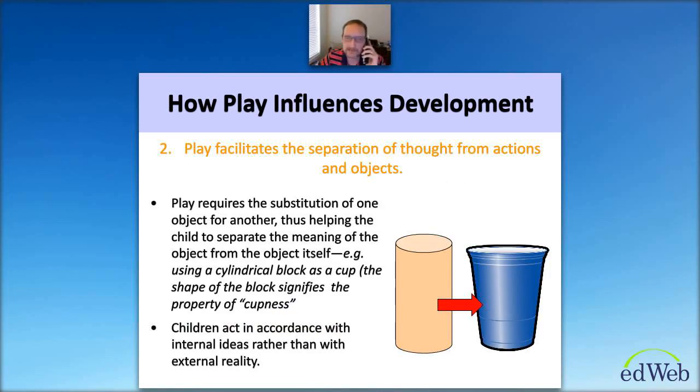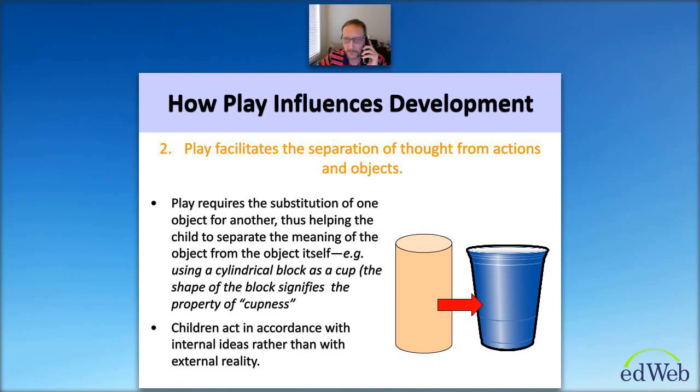Another way that play facilitates learning is that it separates their thoughts from actions and objects, so they develop symbolic thinking. Think about the 3-year-old who's able to take a cylinder and pretend it's a cup. Let's think about where that happens in regular development.